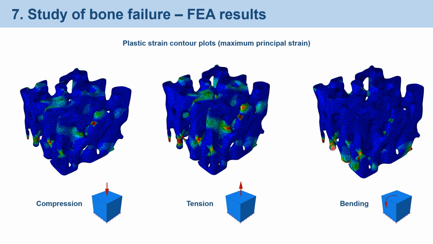And also we can see that in trabecular lattice subjected to bending, plastic strain is also present. The results of all these loading cases highlight the necessity of modeling of trabecular bone not only in the elastic but also in the plastic region of deformation.